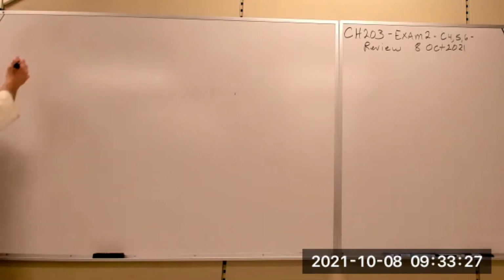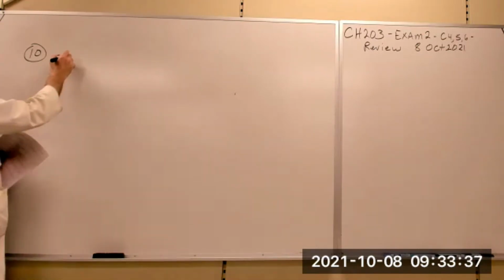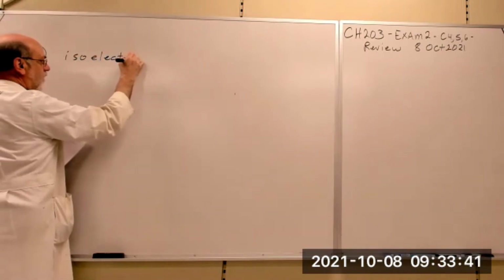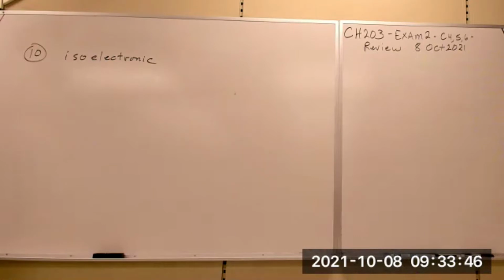Okay, how about this one? Which of the following pairs of ions are the 2 members of the pair isoelectronic? Okay, so we have to remember what isoelectronic means. Remember what isoelectronic means? I'm sorry? Is it the number of gases? Okay, you're remembering the examples that were used.